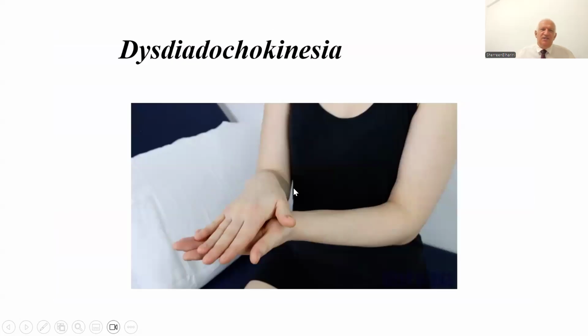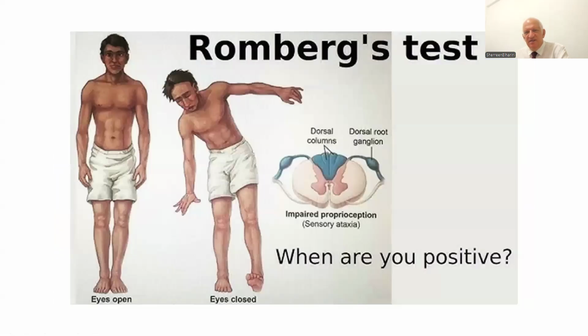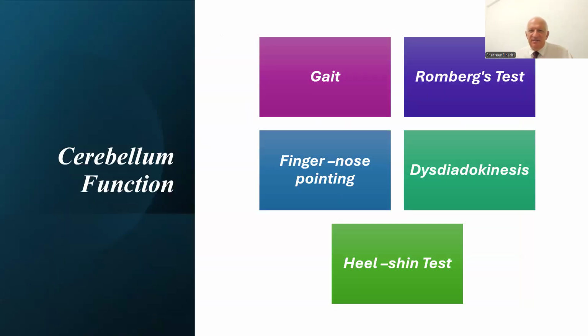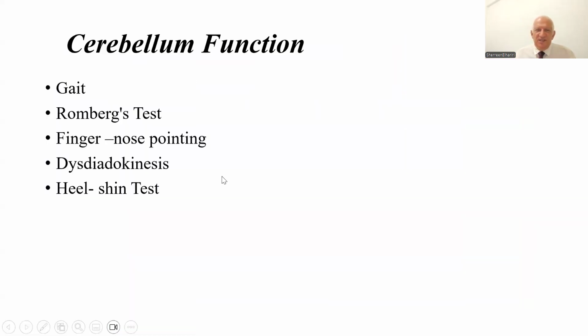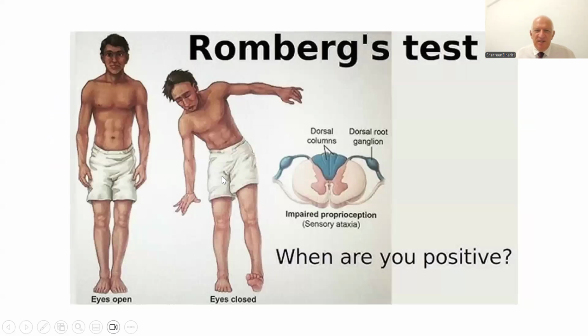After that, you ask for diadochokinesia, the rapid movement. So all this is gait, Romberg test, finger to finger or finger to nose, diadochokinesia, and heel to shin. So just 4 tests. Of course, if the patient has a middle ear or ear problem, just do the Romberg test only. You just ask the patient to stand and close his eyes, and he has difficulty.